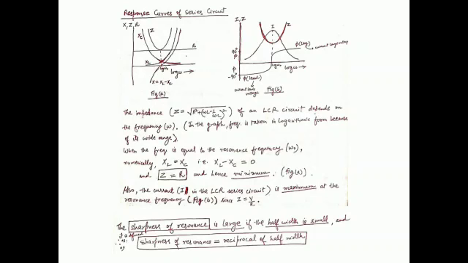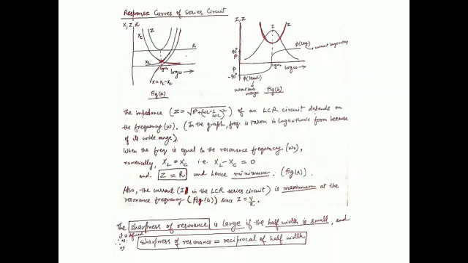Now what you see on your screen are two graphs. One on the left simply plots the inductive and the capacitive reactances, that is XL and XC, the impedance Z and the resistance R against the frequency in the logarithmic scale.